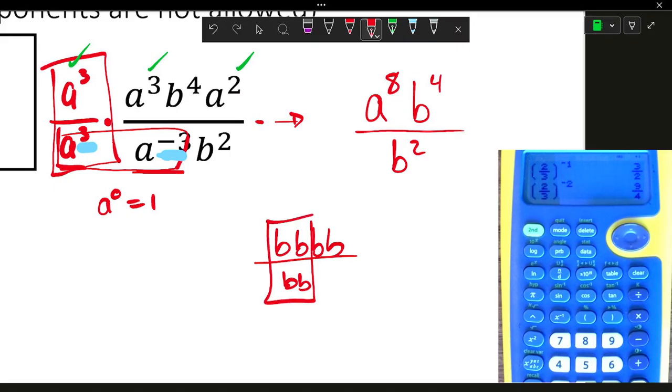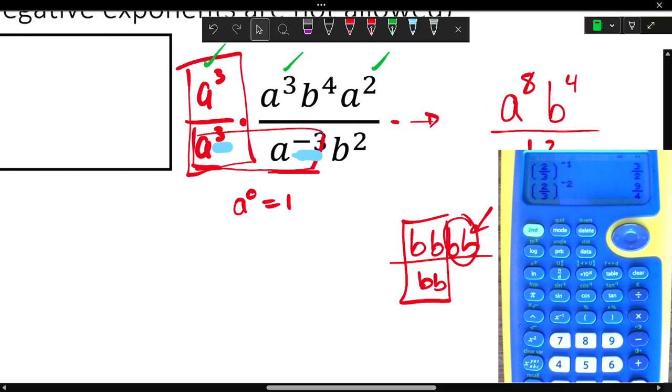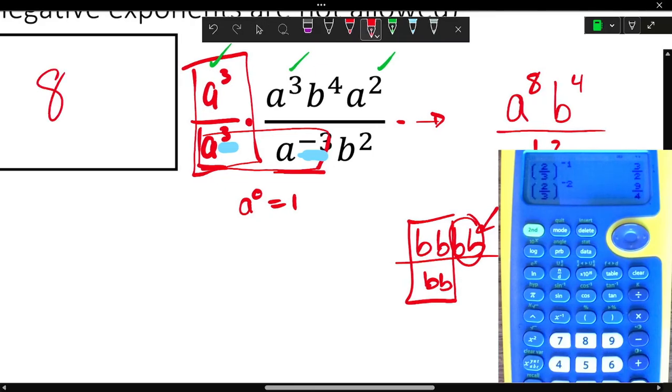These are gone, and I'm left with just b squared. Because it's b b, there are 2 factors of b. So my final answer is a to the 8th times b to the 2nd. Done.